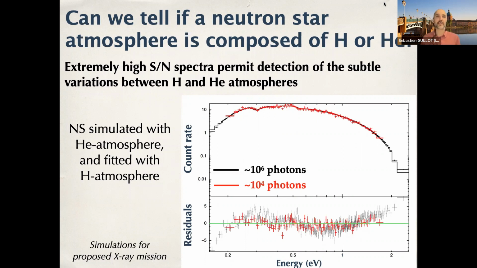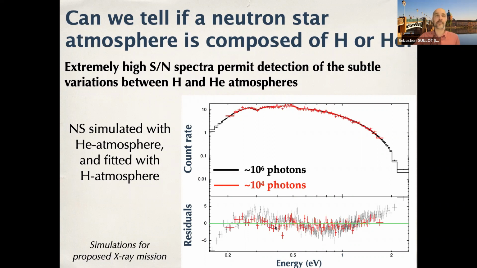I had done in the past some simulations to see at which signal-to-noise, what number of photons from a quiescent low-mass X-ray binary we would need to really be able to tell if it's a hydrogen or a helium model, and it's around 10^6 photons. At the moment, current data sets are closer to 10^4 photons. And you see here the residuals.